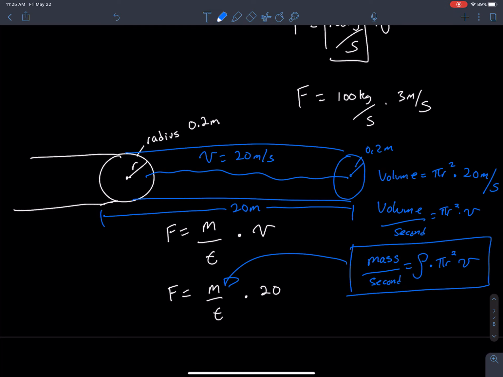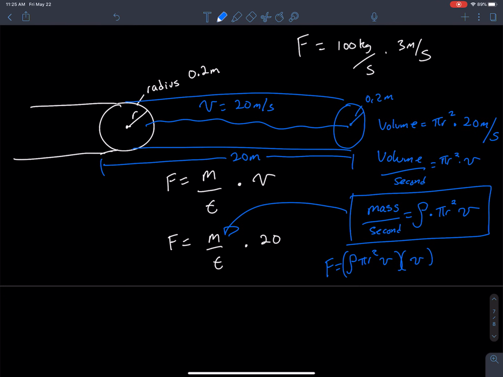So the overall force formula would become density times pi r squared times velocity, times velocity again, so the force is the density times pi r squared times velocity squared. That formula would allow me to calculate the recoil force.